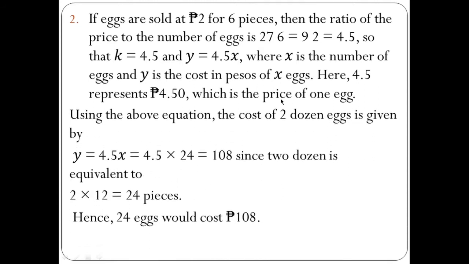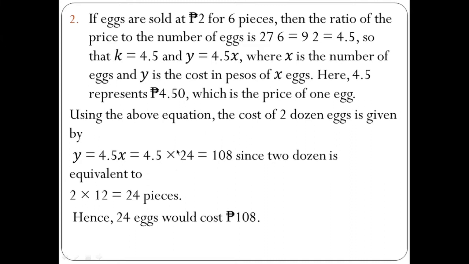Using the above equation, the cost of 2 dozen eggs is given by, where does the 4.5 come from? It comes from 27 over 6 equals 9 over 2; just cross-multiply, and the result will be 4.5. So y equals 4.5x equals 4.5 times 24.